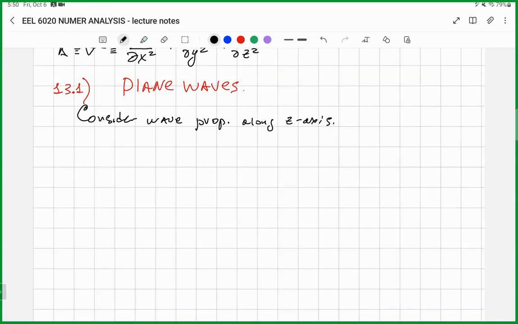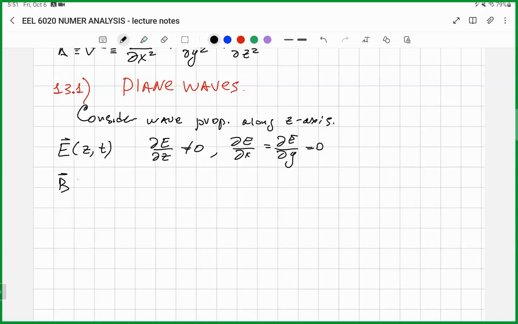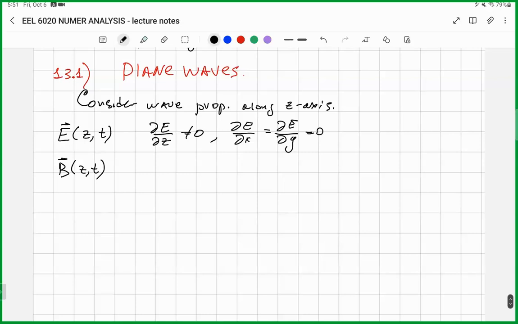What it means, the wave propagating along the axis, is that the field, for example, electric field, depends on z and doesn't depend on x and y. So we have dE over dz not equal to 0, but dE over dx and dE over dy are equal to 0. And the same for the magnetic field. It also depends on the z coordinate and has no dependence on x and y.